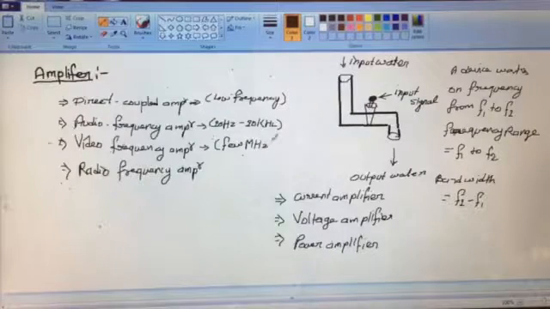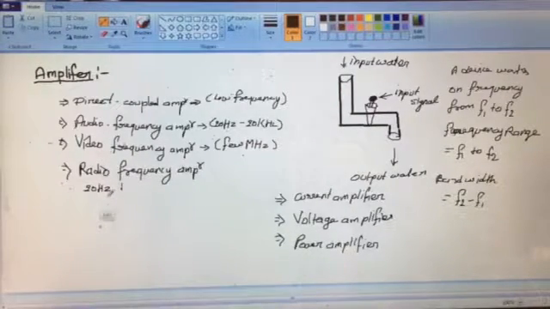And last, the radio frequency amplifier amplifies signals from 20 kilohertz to a few megahertz.